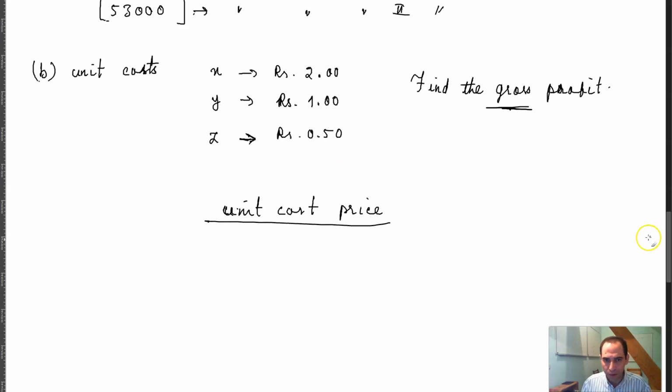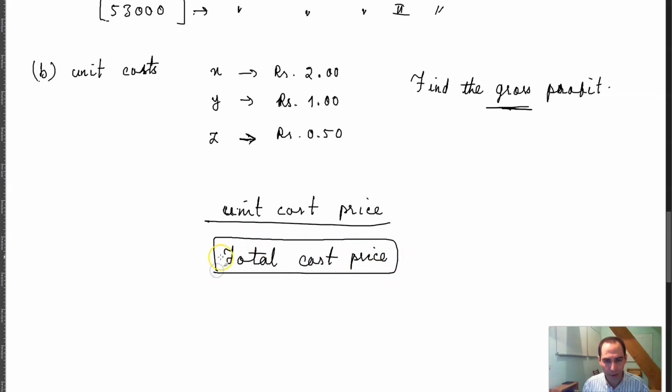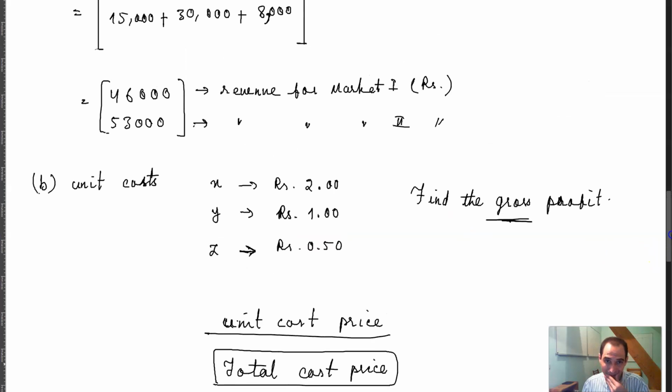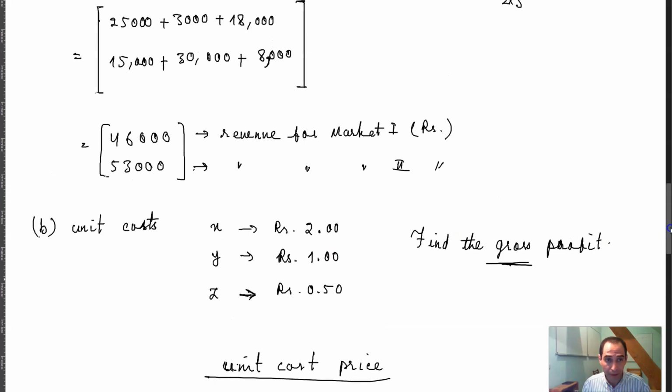And therefore, I need to calculate the total cost price here. That's the total amount of money that I have paid as a producer in order to produce all of those products. And this was the amount of sales that I made in rupees for market 1 and market 2.